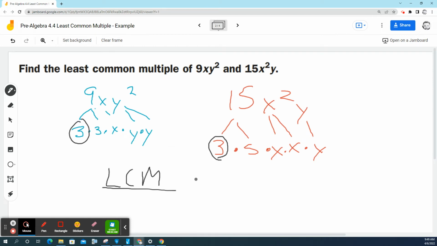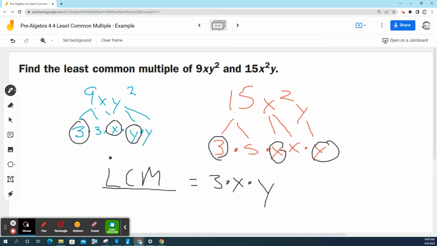So my lowest common multiple, or least common multiple, I'm going to write that 3 down, all right? Then this one has an x, and this one has an x. So I'm going to write that one down so I don't write it down twice. This one has a y, and this one has a y. Don't want to write it down twice, okay?